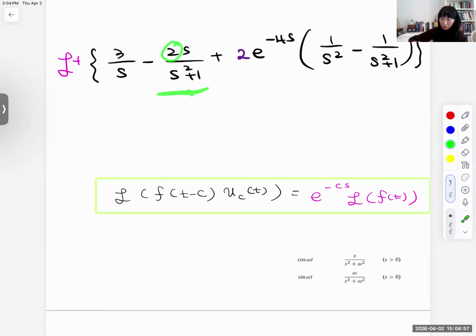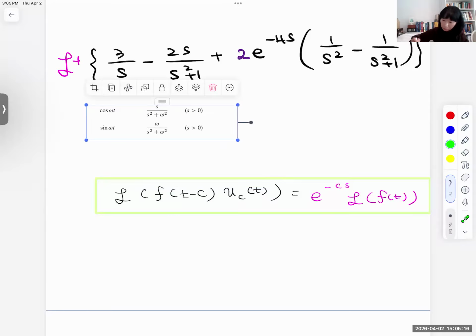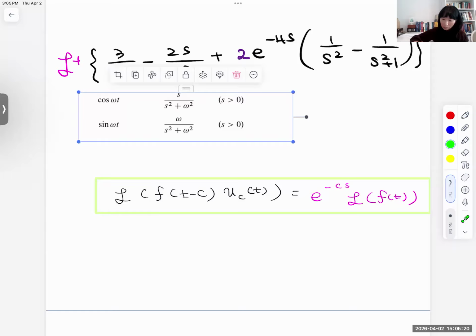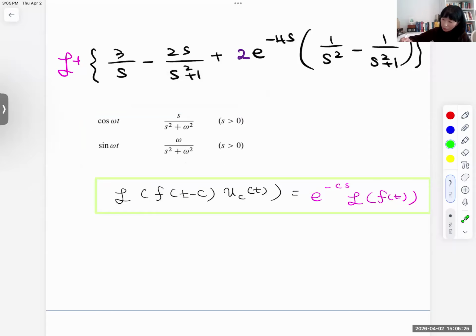We take out the constant, and then s over s squared plus 1. So omega in this case is 1, right? Look, cosine omega t. Can you see? This is omega equal to 1.